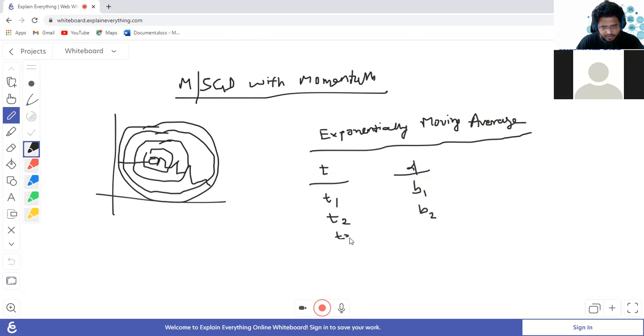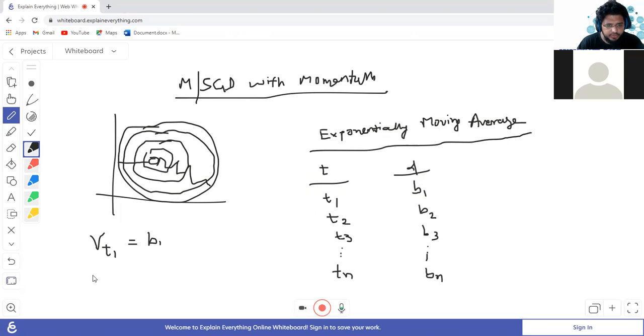T3, you have b3. And similarly, tn, you have bn. So the value at time t1 is equal to b1. This one we already know. We got it from the graph.